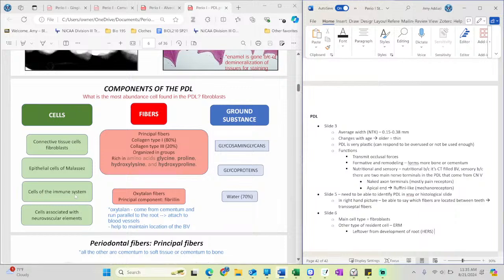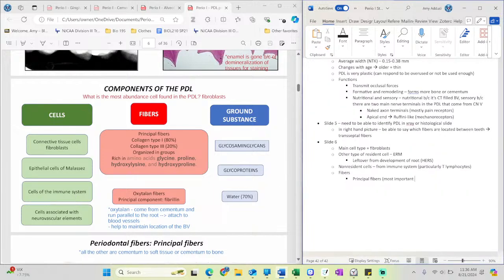Okay? The other resident cells are those that we have in lymphatics, forming the lymphatic vessels, and forming the blood vessels and the nerves. The other cells are non-resident cells, and they are all from the immune system. Macrophages, neutrophils, plasma cells, T lymphocytes, particularly T lymphocytes. Okay. Then regarding the fibers, we have the principal fibers, and those are the most important for you to remember.